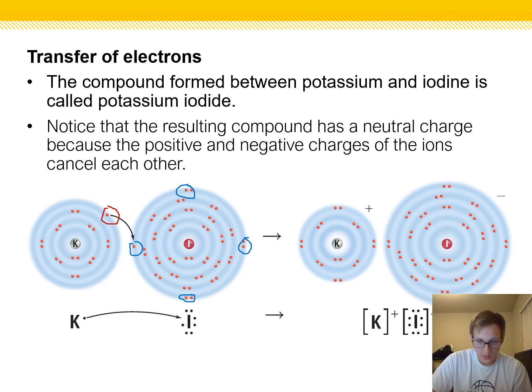That is how you show an ionic bond, which we'll get to in a second. It is written with the brackets, with the charges, and with the full outer shell in the Lewis dot structure for the second atom.